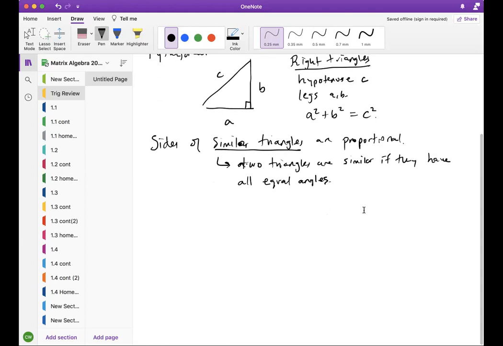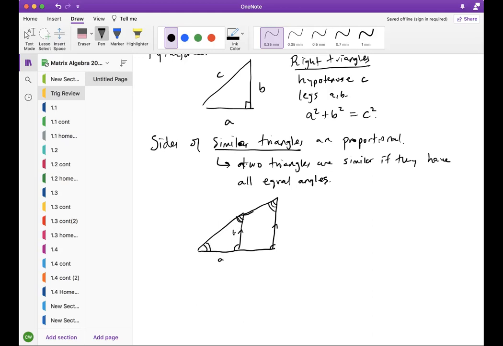So what does it mean for the sides to be proportional? If you have two triangles, and let's say these sides are parallel, that means this angle is equal to that angle. You have a shared angle here, and this angle is equal to this angle. The sides are proportional.